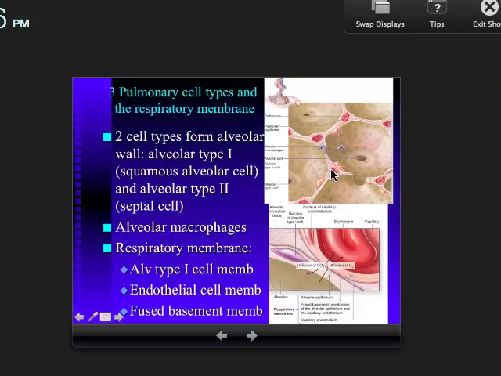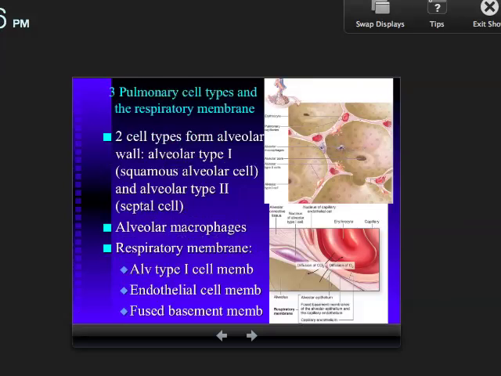And once it gets into the blood plasma, it can diffuse into the red blood cells and be bound by hemoglobin. We won't worry about that part of it. What we want to know is how does it get across from the alveolar space into the pulmonary capillaries. Well, what are the barriers there?